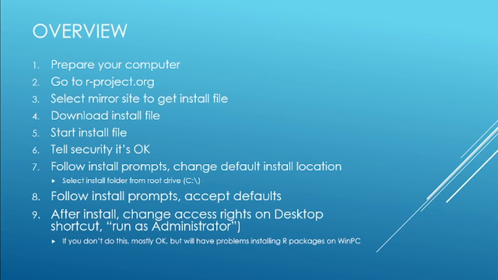This is the point I was warning you about. You're going to want to change the default install location. This will be more obvious when I show you the screenshots, but basically you want to put the R base into your root drive, and the root drive is C://.